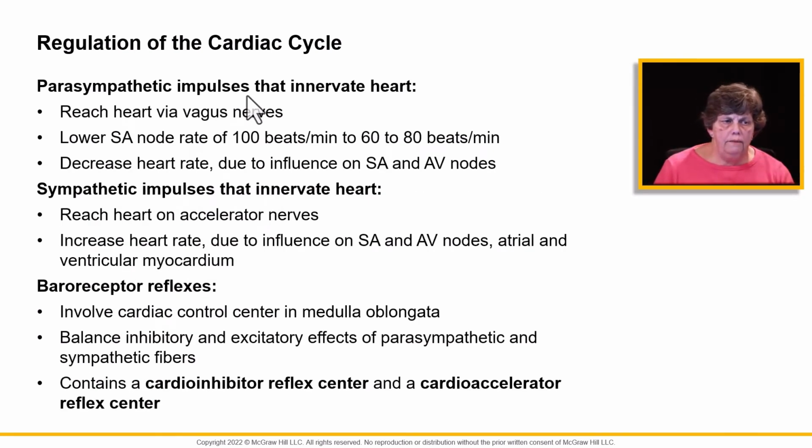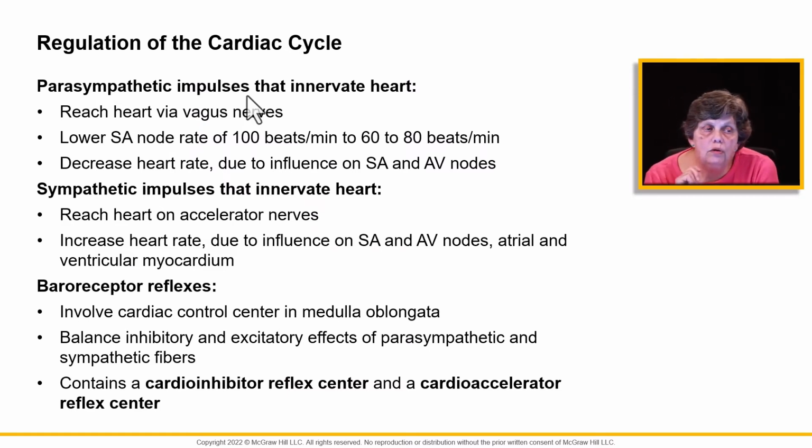Now, when you sit there and look at it, think about it. Sympathetic increases heart rate. Parasympathetic, rest and digest, lowers it. So parasympathetic impulses reach the heart via the vagus nerve. If we remember, what cranial nerve is that?